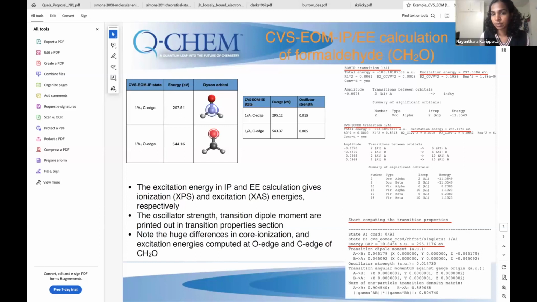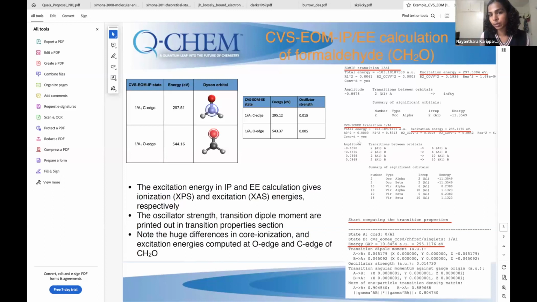Similarly, in the case of CVS-EOM-EE, that is when an electron is excited from a core 1s orbital of carbon to a virtual orbital. Here we can see that more than one configuration is involved in the transition.